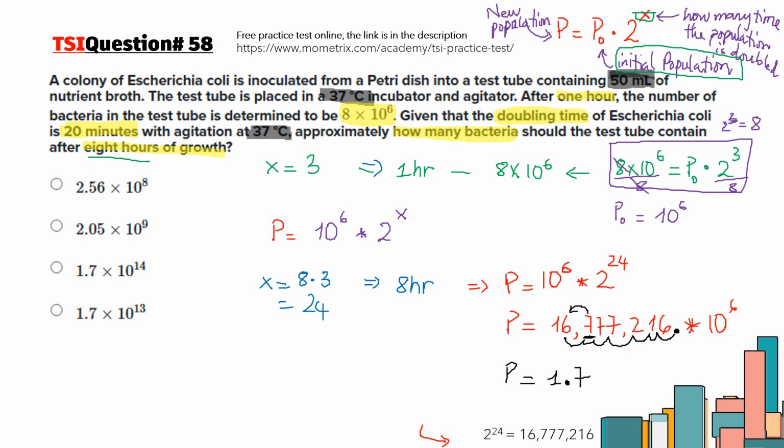And we have 7 moving digits, so we add to the power of 10: 6 and 7. The final answer is the new population is 1.7 times 10 to the power of 13, since 6 and 7 is 13. So D is the correct answer.